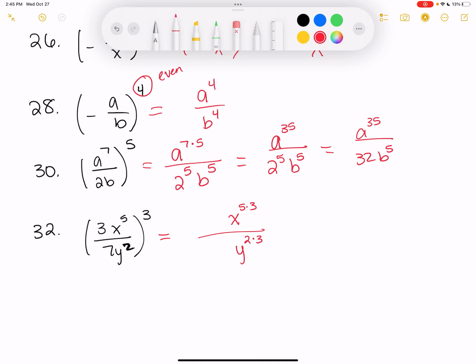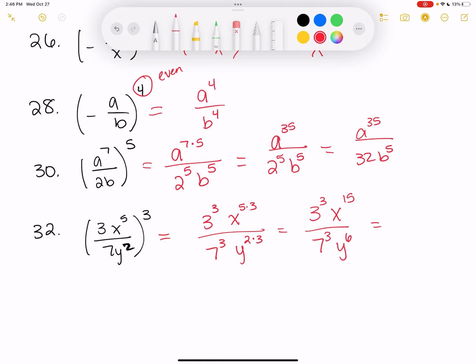Do they get an exponent? They both get the 3, so 3 to the 3rd and 7 to the 3rd. That gives me 3 to the 3rd, x to the 15th over 7 to the 3rd, y to the 6th.